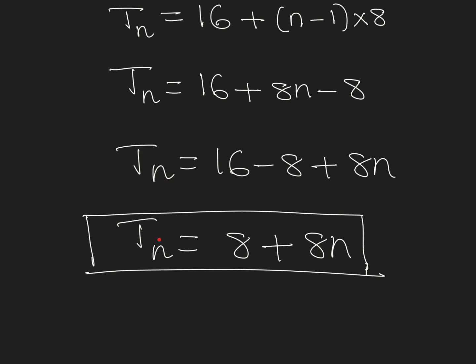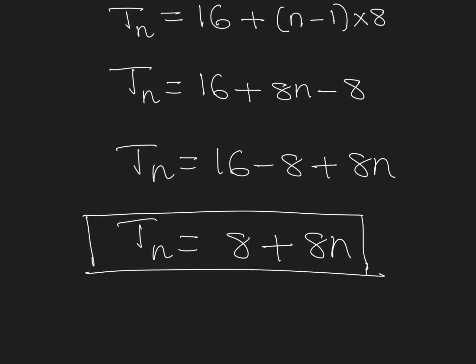Okay? So if n is 1, just substitute 1 where you have n. That is going to be 8 plus 8 multiplied by 1. That will be 16. If you substitute n as 2, that will be 8 plus 8 times 2, you will have 24. If you substitute n as 3, that will be 8 plus 8 times 3, you'll have 32.